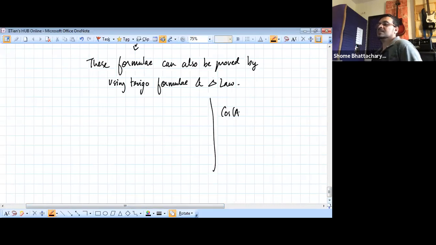See, you know that cos A plus B is cos A cos B minus sin A sin B. You're familiar with this one? Have you done this in trigonometry yet? This formula?